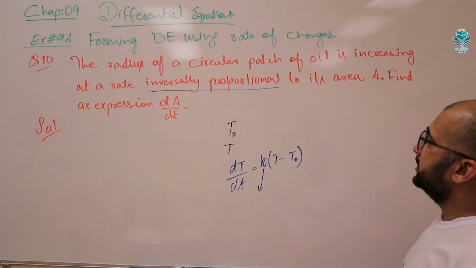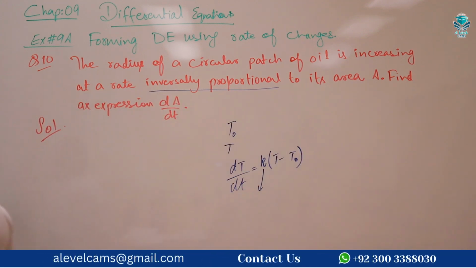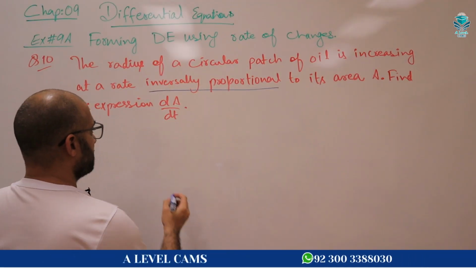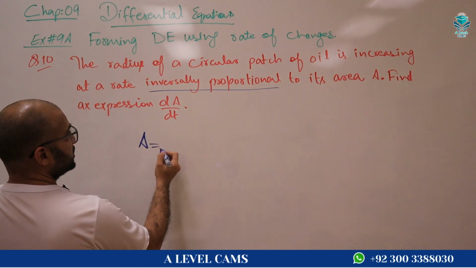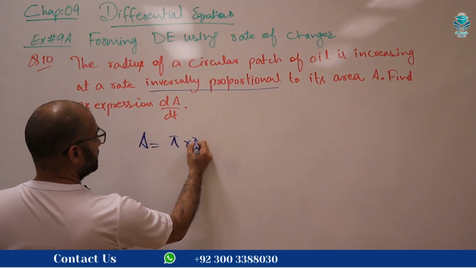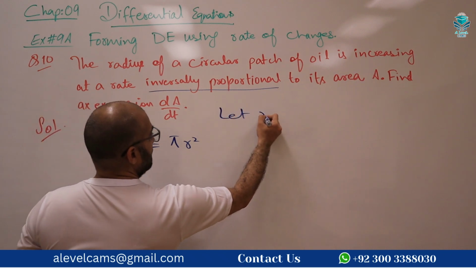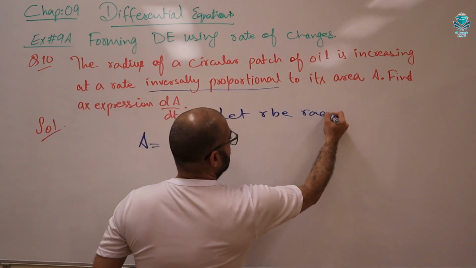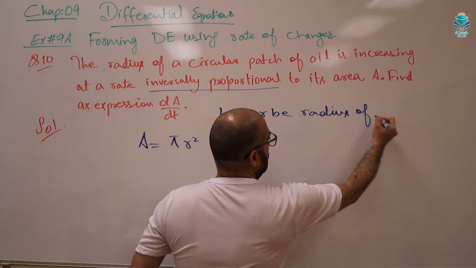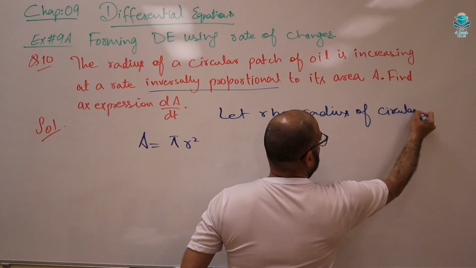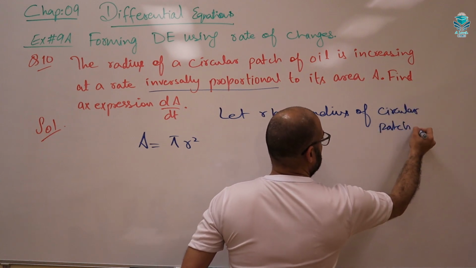In question number 10, according to the information given to us, we have to consider the circular patch. The area of a circular patch is pi r square. Let r be the radius of the circular patch.